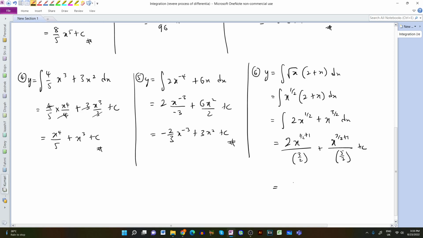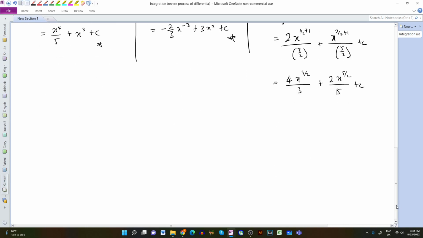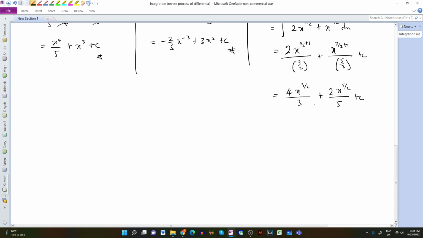Okay, now if I write like this, do you understand? Can you understand from here to here? If you cannot, how did you get the 4 and the 3? Okay.